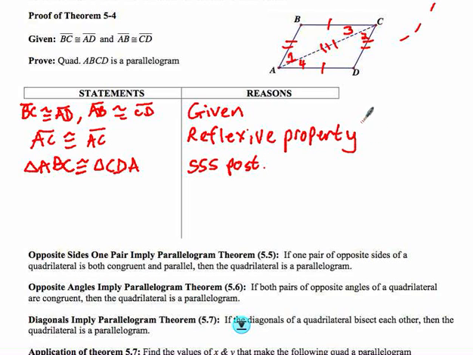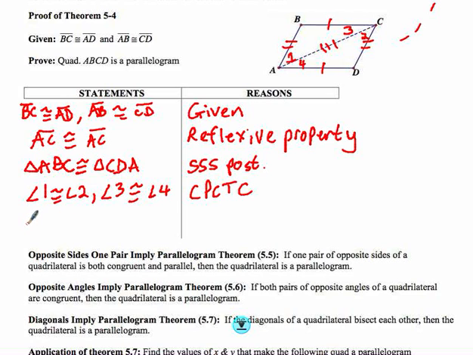We are now in a position to say that angle 1 is congruent to angle 2, and angle 3 is congruent to angle 4, and that is because of CPCTC, corresponding parts of congruent triangles are congruent.